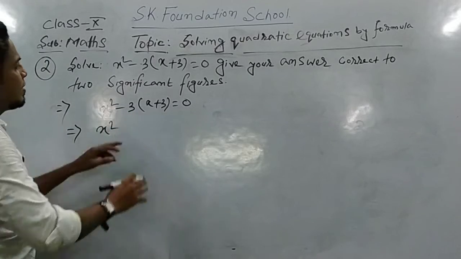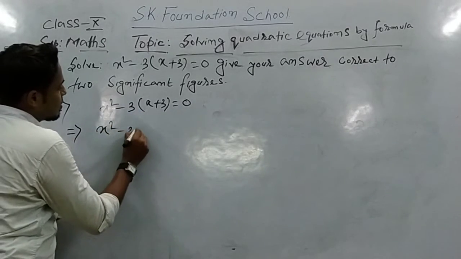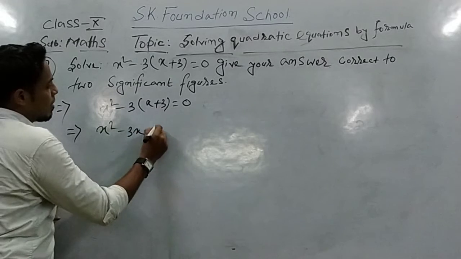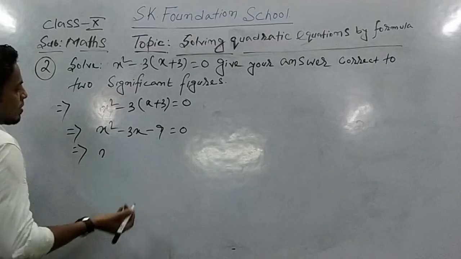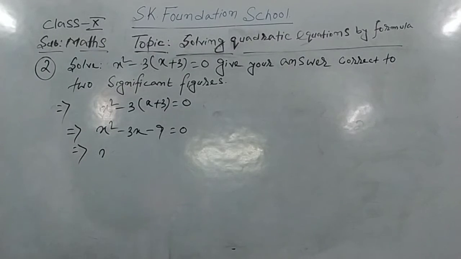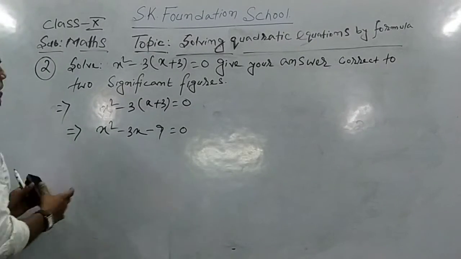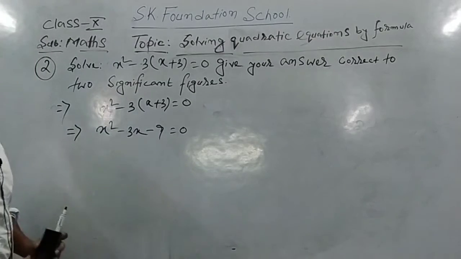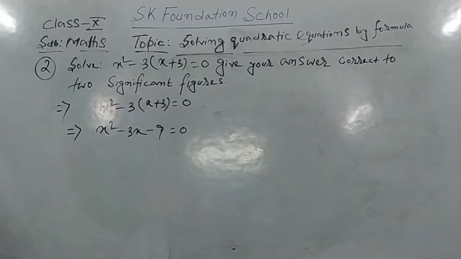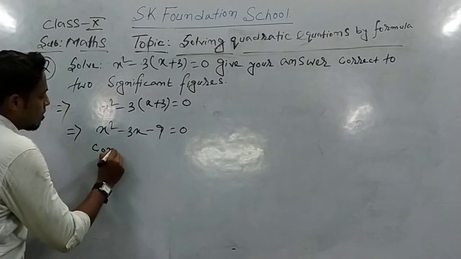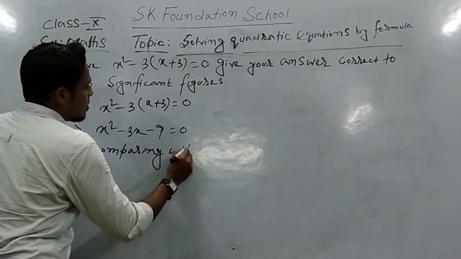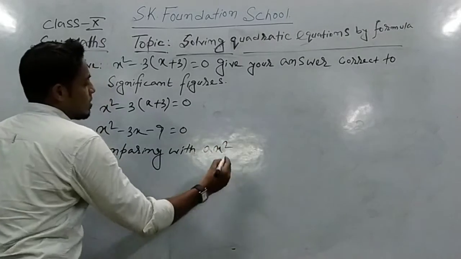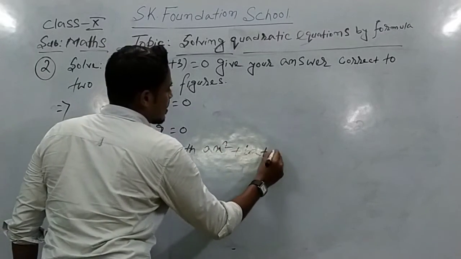So this 3 is multiplied with the first x, that means minus 3x, and minus 9 equals to 0. So we get the equation x square minus 3x minus 9. Now we compare this equation with the standard form ax square plus bx plus c.